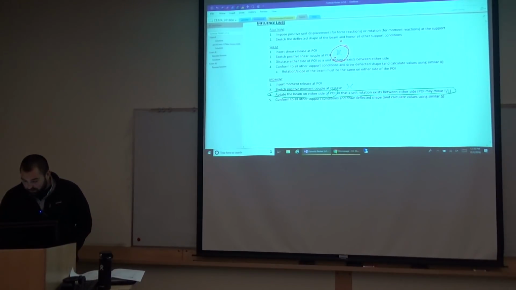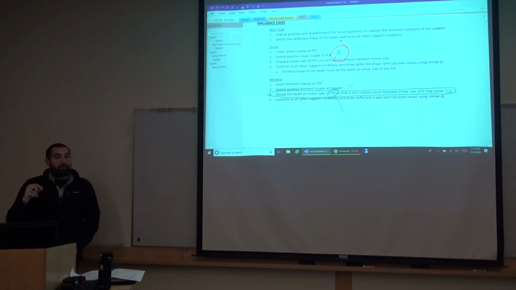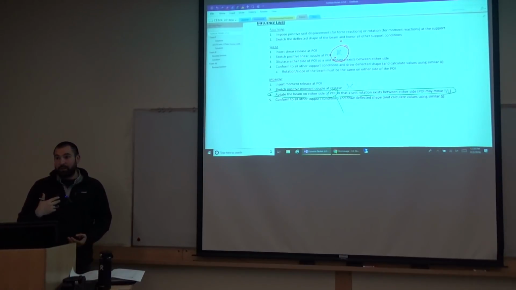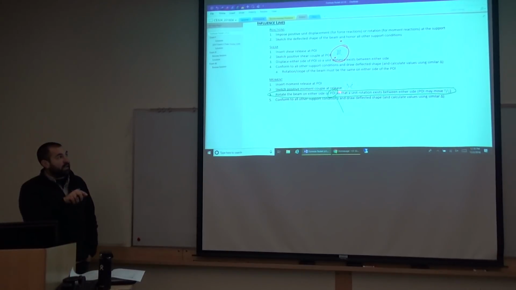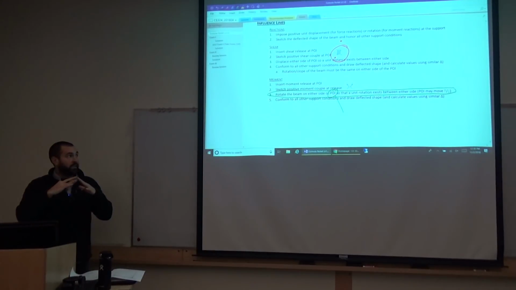And so when we say point of interest, we're talking about the influence line is focusing on one specific location in the beam. That's the point of interest. So we don't get to decide where the unit rotation difference exists, like where along the beam it exists. It always has to be the difference on either side of the point of interest.